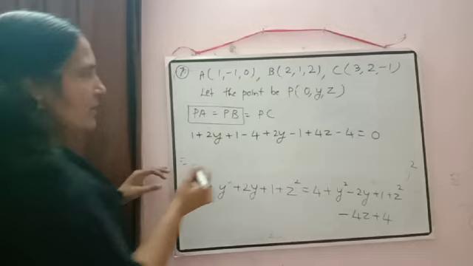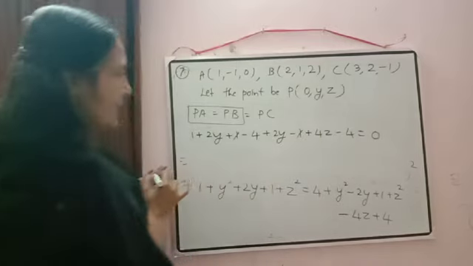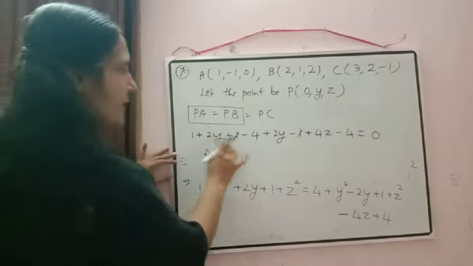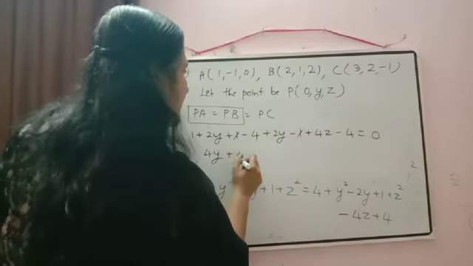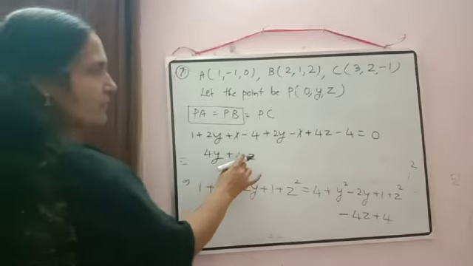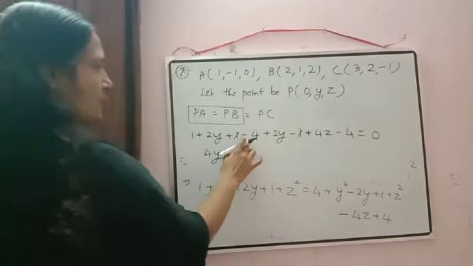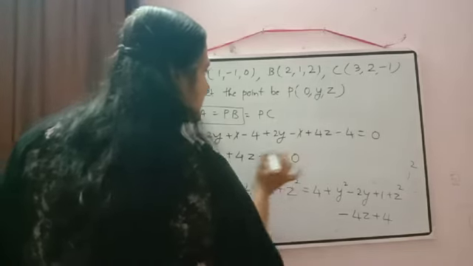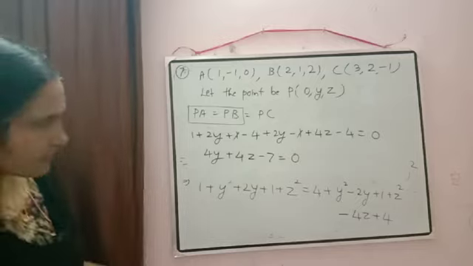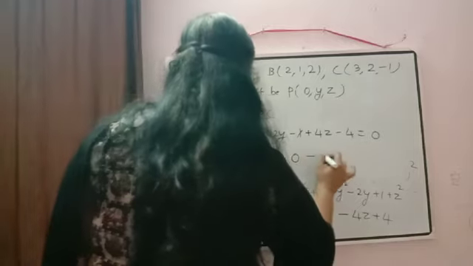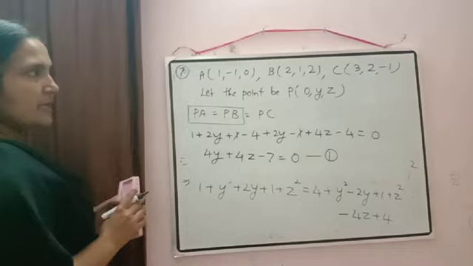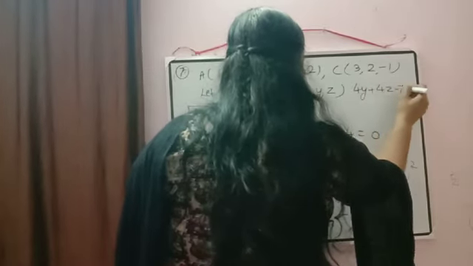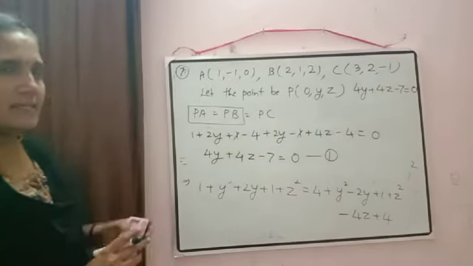Now just to check, 1 and minus 1 will get cancelled. 2y plus 2y is equal to 4y, then plus 4z, 4y plus 4z, then minus 4 minus 8 plus 1, so that will be equal to minus 7 is equal to 0. So we are getting the first equation as 4y plus 4z minus 7 is equal to 0.